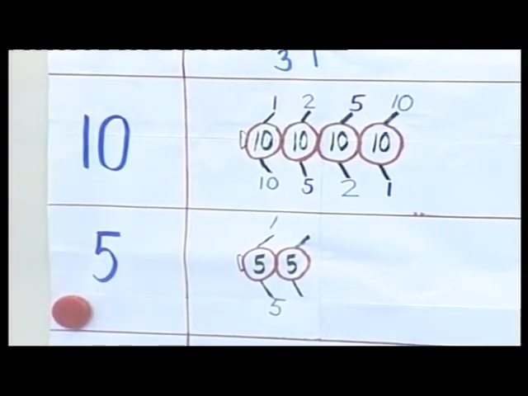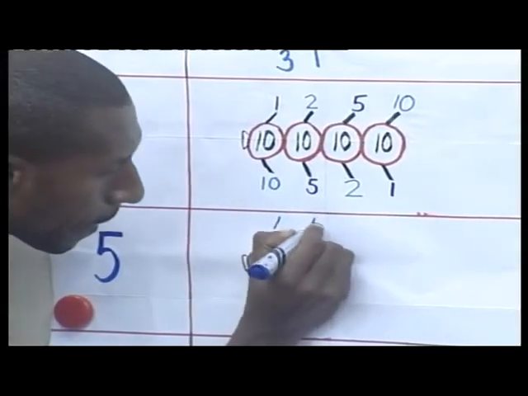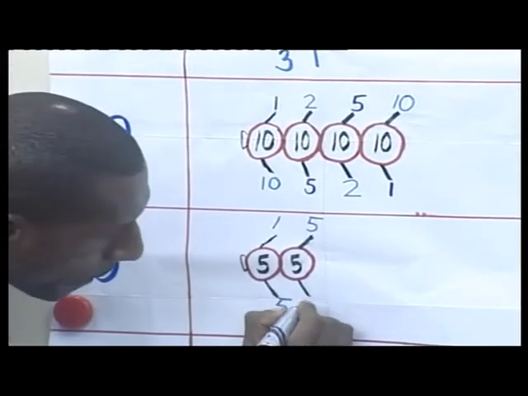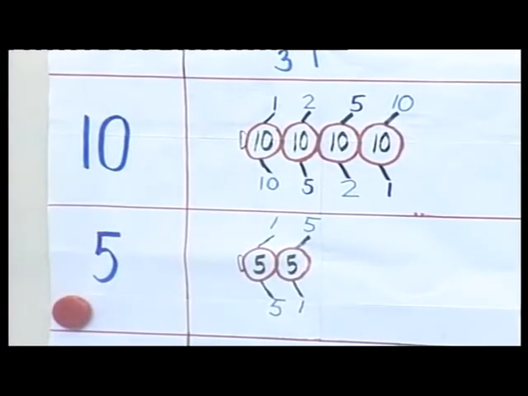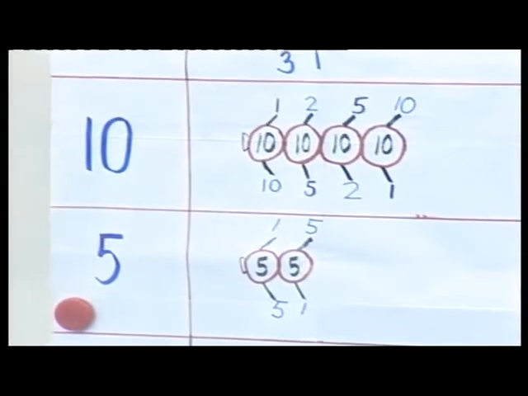What's the next one? Okay, let's have our friend there. 5 times 1. Very good. Now, let's have the last one. Whole number 1. Okay, let's have our friend there.